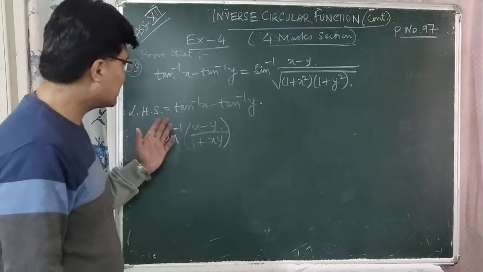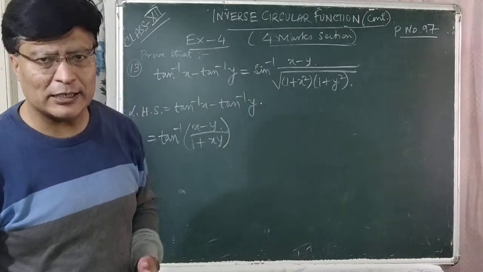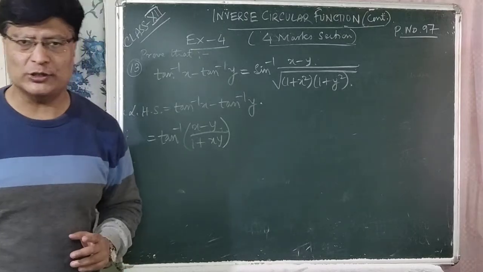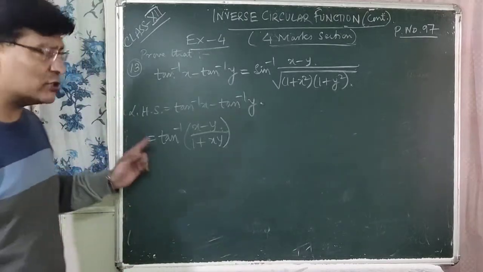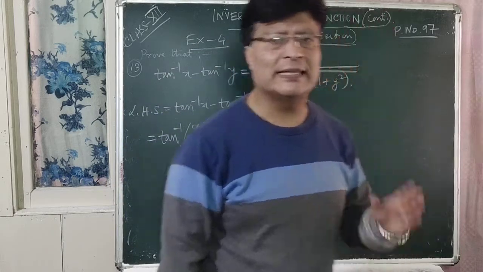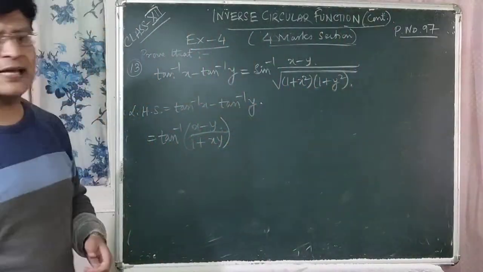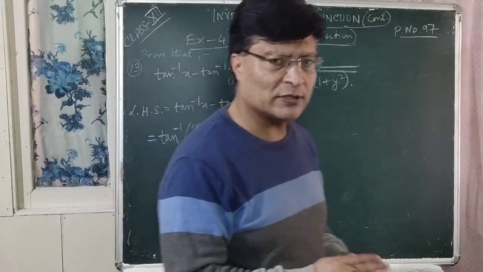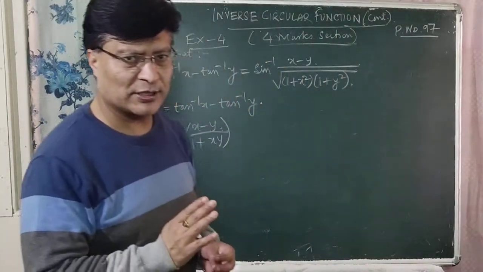You have to convert this tan inverse into sine inverse. I already told you that whenever you have an inverse circular function, you can convert that inverse circular function into any other inverse circular function. That means you can convert this tan inverse into sine inverse, cosec inverse, cos inverse, sec inverse, cot inverse, right?